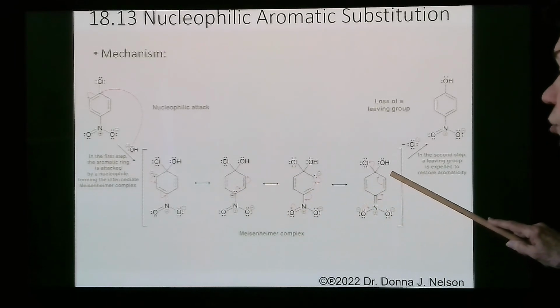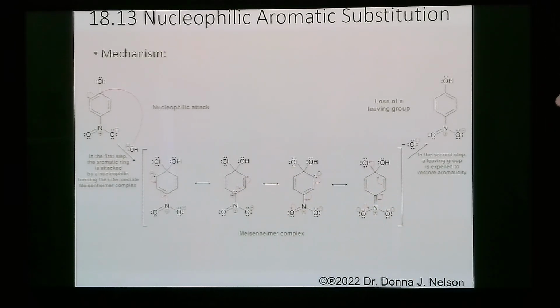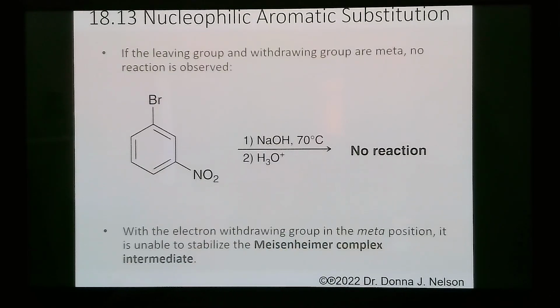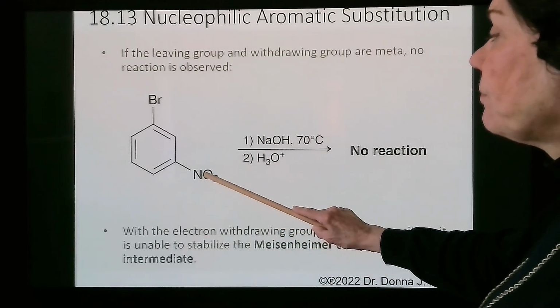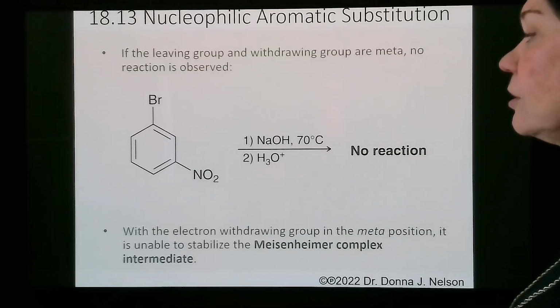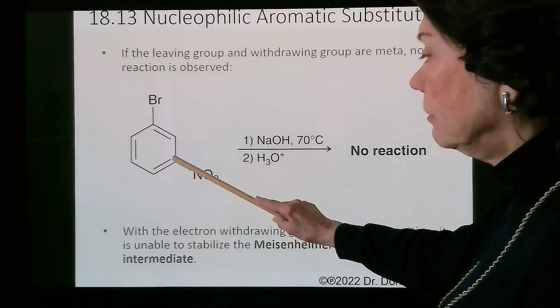Several different resonance structures are obtained, and this is called a Meisenheimer complex. So there are similarities, but that one is a cation, this is an anion, because this is nucleophilic aromatic substitution. So as I mentioned, there will be no reaction if this is meta, because no resonance structure can be drawn to put the negative charge here.